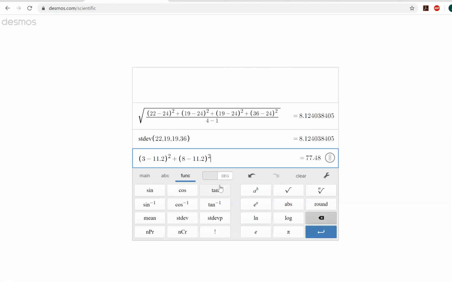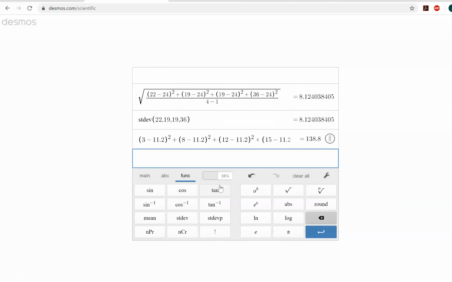If you want to fast forward along, I'm kind of a slow typer. All right. In fact, I know what it's going to come out to be, but just to get there, 15 minus 11.2 squared, and then our last one, all right, 138.8. So that's going to make our numerator.